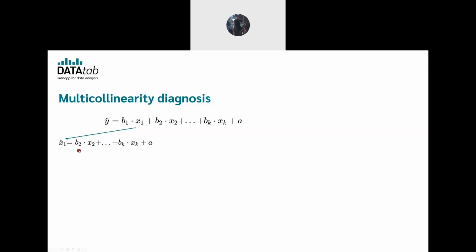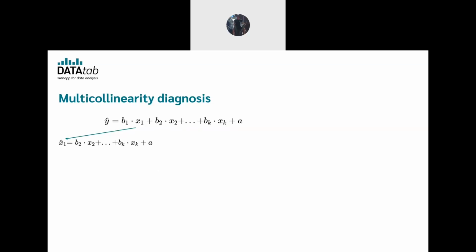If we now can predict x1 very well from the other independent variables, we don't need x1 anymore because we can use the other variables instead. If we would now use both variables, we could see that the regression model gets very unstable. In mathematics, we say that the equation is over-determined.